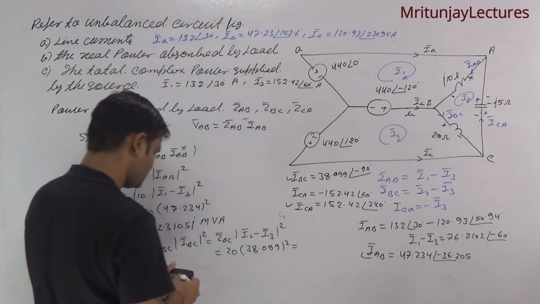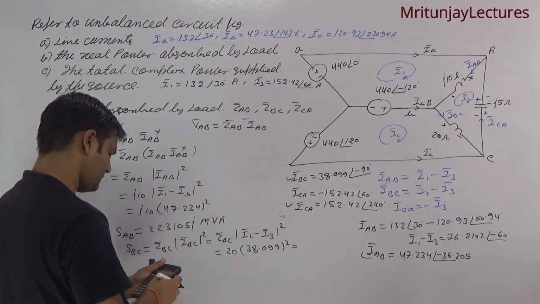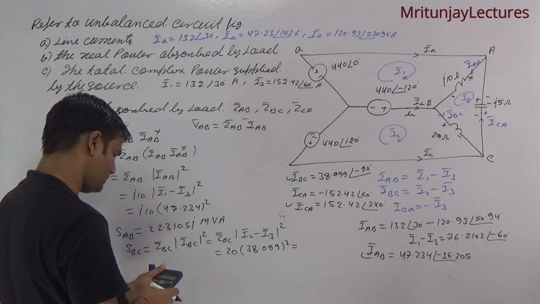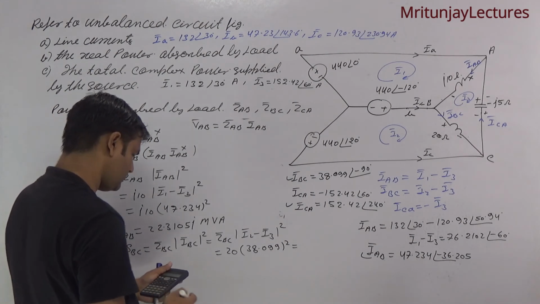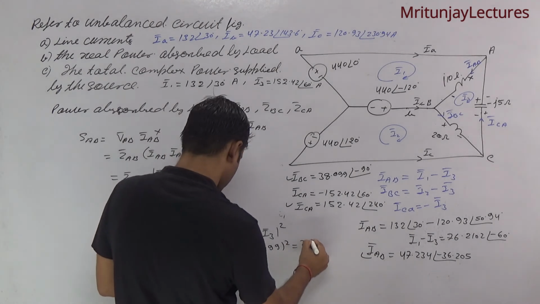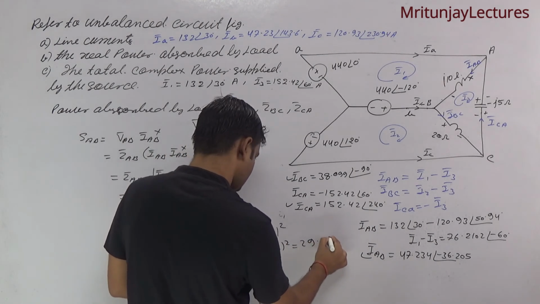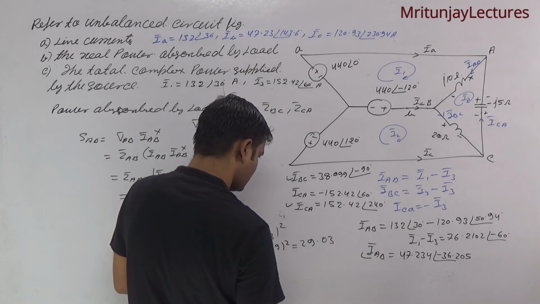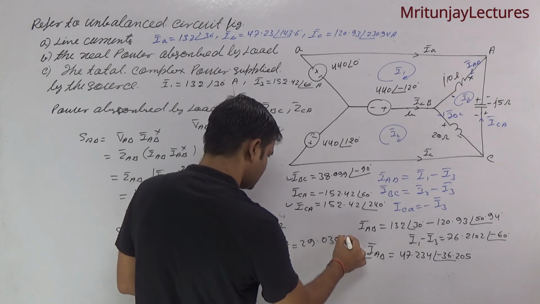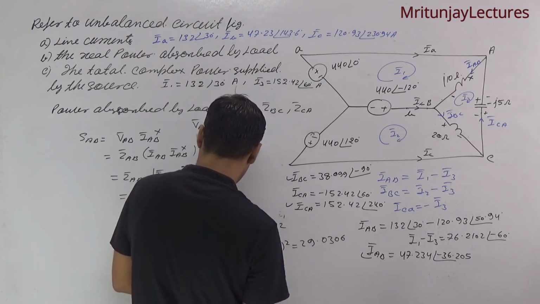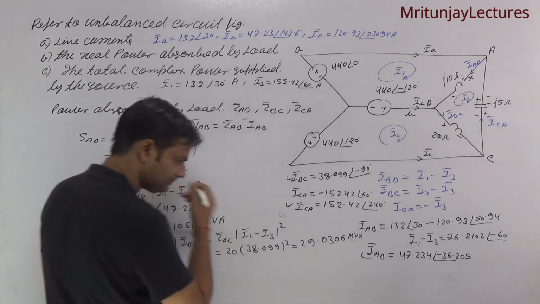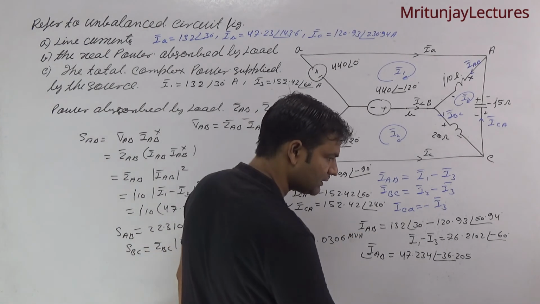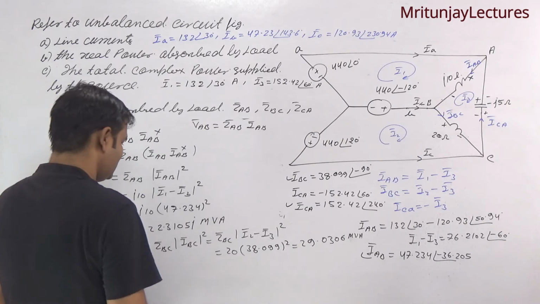We got 38.099 to the whole square into 20. We got 29.0306 VA, kVA, MVA. Okay, clear or not? Clear?